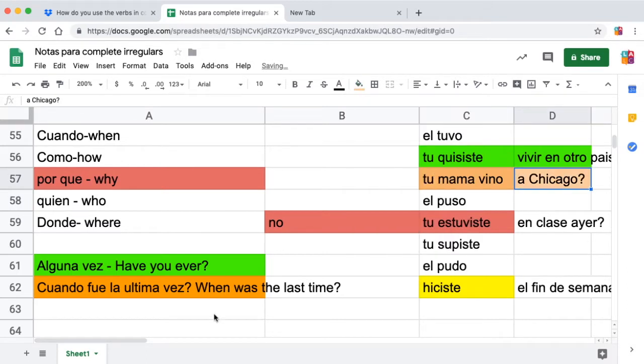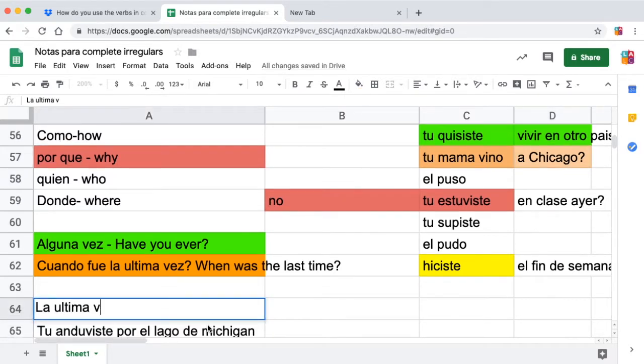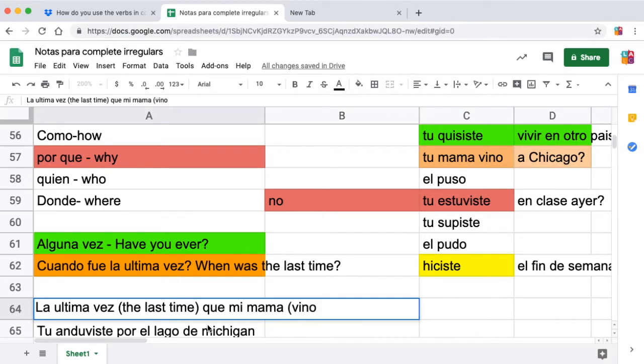Oh, entonces, this is a fun question to answer. So, la última vez, okay, the last time, la última vez que mi mamá vino, porque ella es ella, a Chicago fue, right, hace really a long time, 5 años, okay?